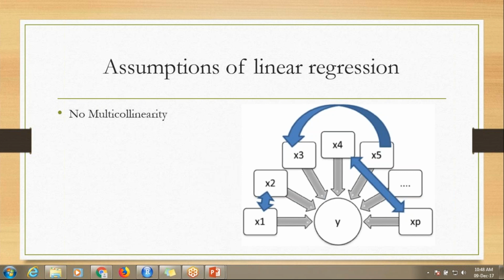Only variables which make the most significant impact, which are worth considering, should be taken. Otherwise, taking all the variables would inflate your R square value, and it will tend to overfit. So these were some major assumptions for linear regression.